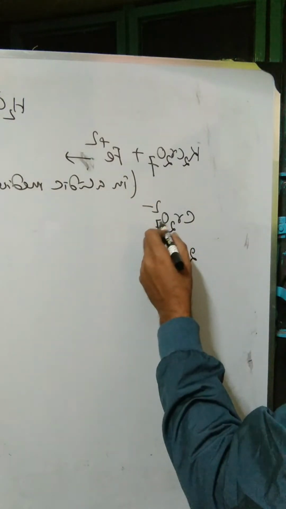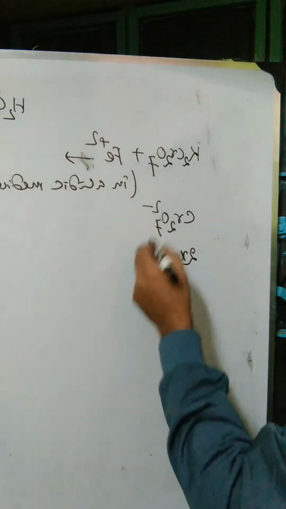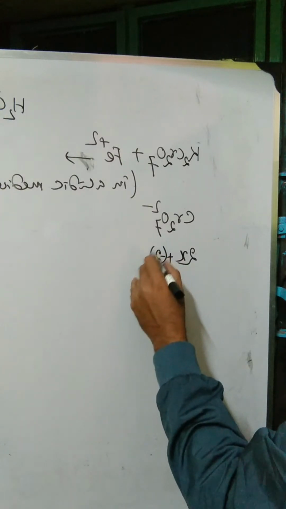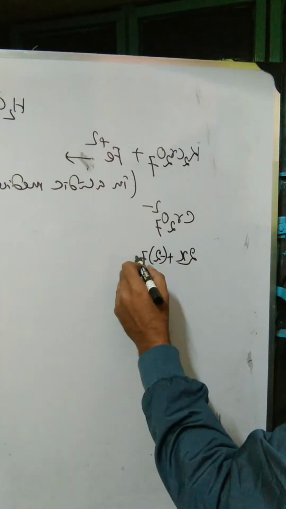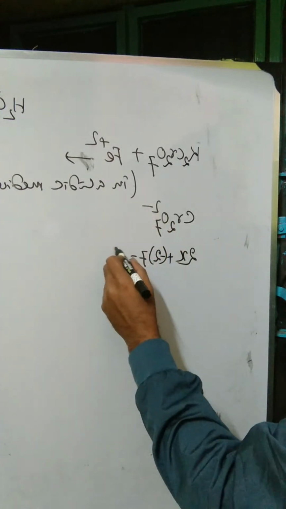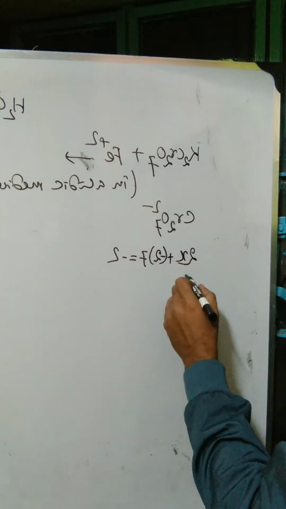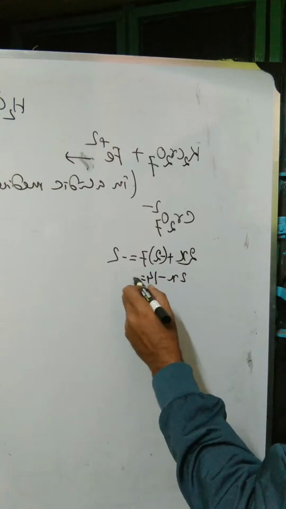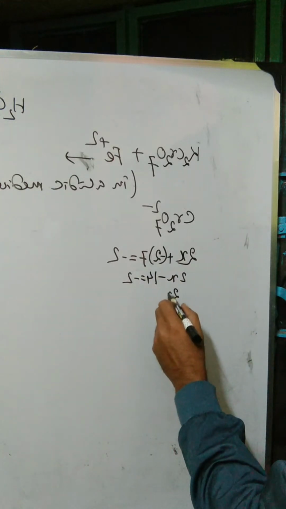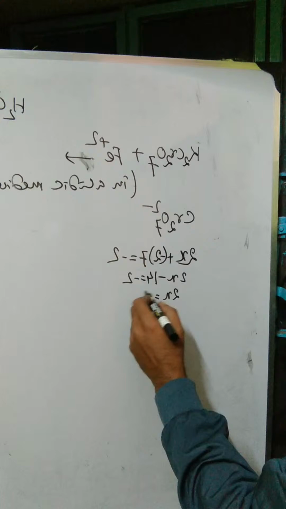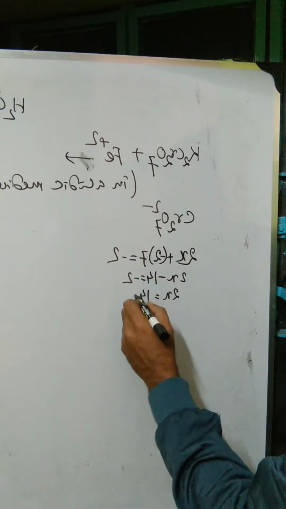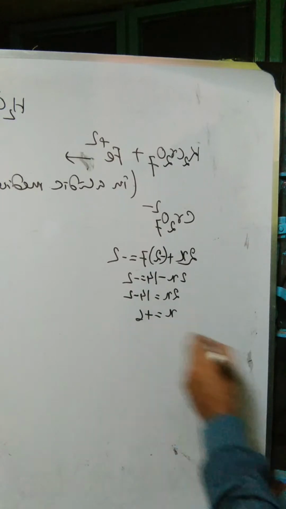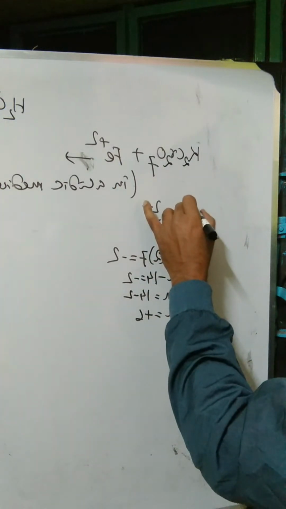For 7 oxygen it is -2 times 7, as a whole, and the overall charge is -2. Now 2x minus 14 equals -2, or 2x equals -2 plus 14, so x equals +6. So the oxidation state of chromium here is +6.